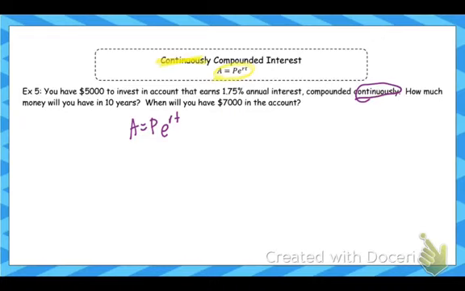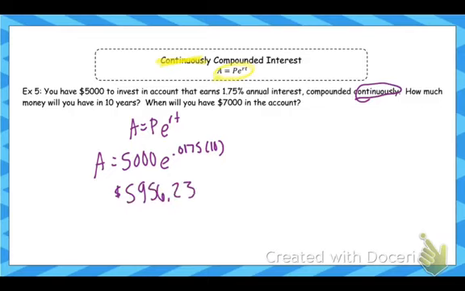So let's plug in our values. 5,000 is P, E is the base E, R is 0.0175, T is going to be 10 years. So I can just plug this straight into Run Matrix, and I can look at the value that I get, which is $5,956.23.